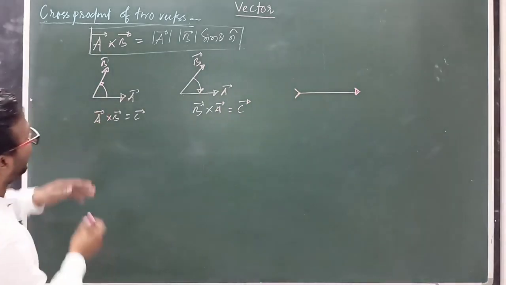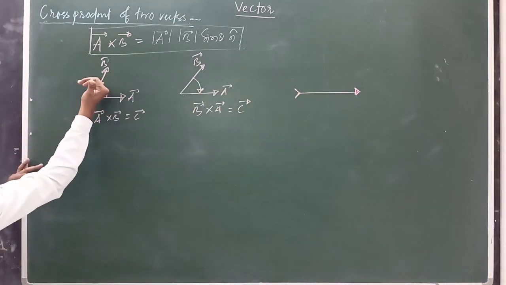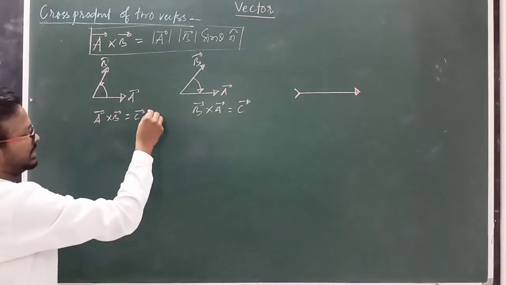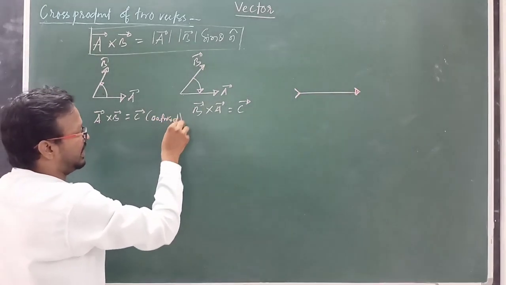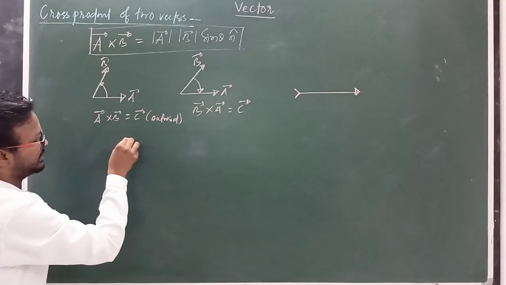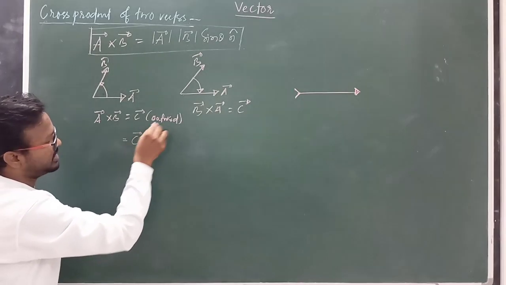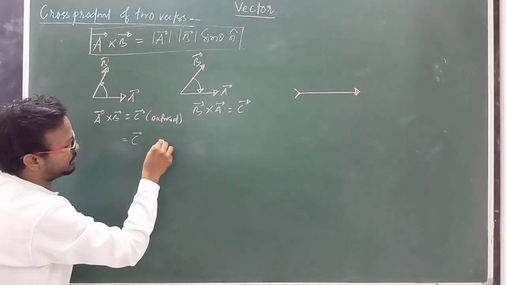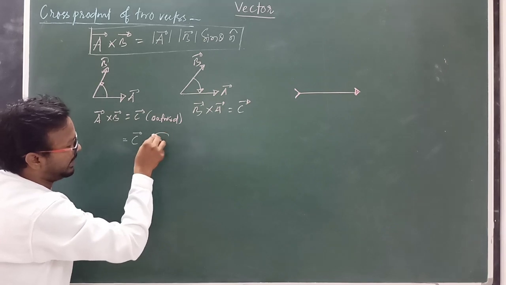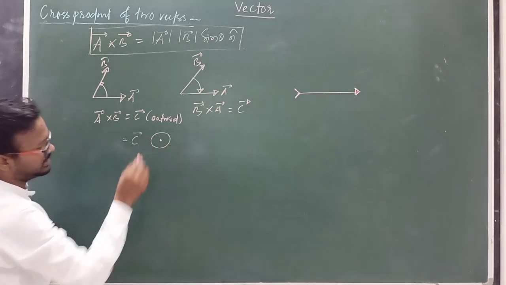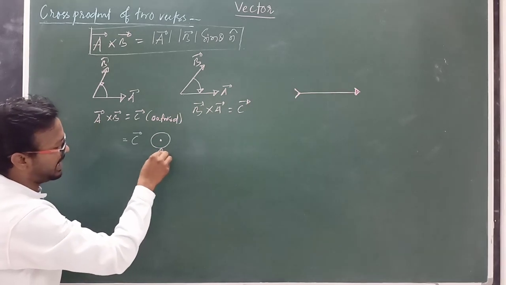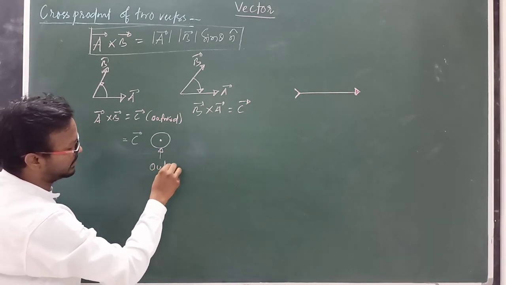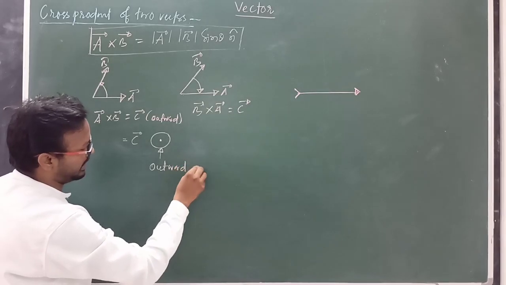So here A cross B which is outward direction, this is outward, and it is represented by a C vector which is outward. Outward means you have to represent a dot mark and one circle here. This dot mark represents outward direction of vector.